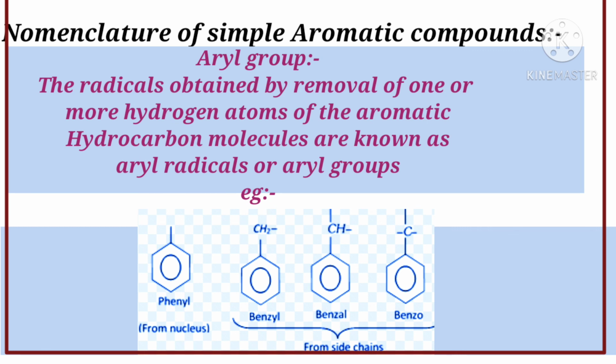For example, see here, this is the phenyl from the nucleus, and next one is benzyl, containing the benzene ring with one hydrogen attached with a CH2 group. The benzene ring attached with CH2 group is benzyl, and benzal is the ring attached with CH, and benzo. These are side chains from the side chains.